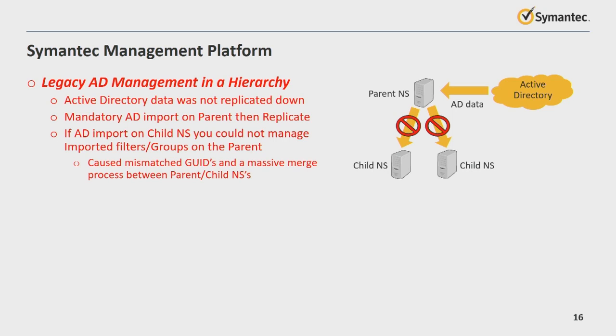There was a little disconnect between them. This caused mismatched GUIDs. So if you do have a large environment and computer 22 is GUID this and computer 22 is GUID this on the parent and child, that caused a lot of problems. Now, if you multiply that by, let's say, 120,000 endpoints, it makes a huge merge process that basically slows down the notification servers.